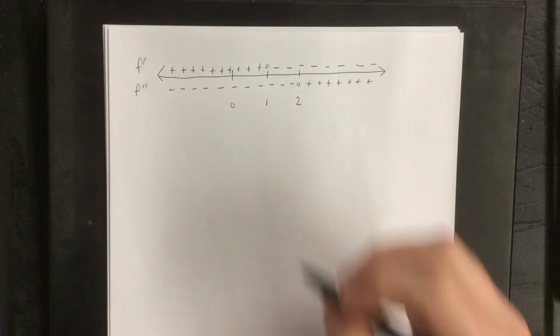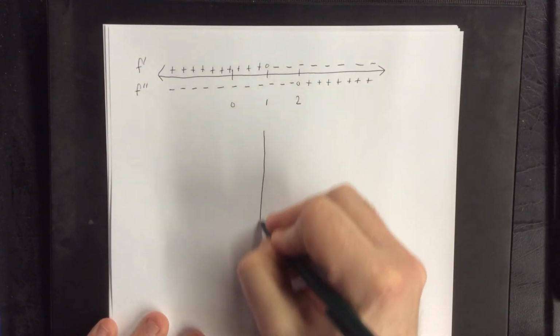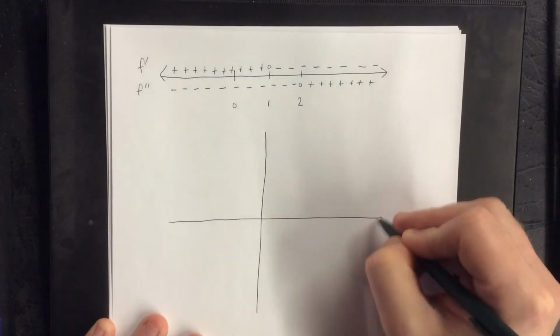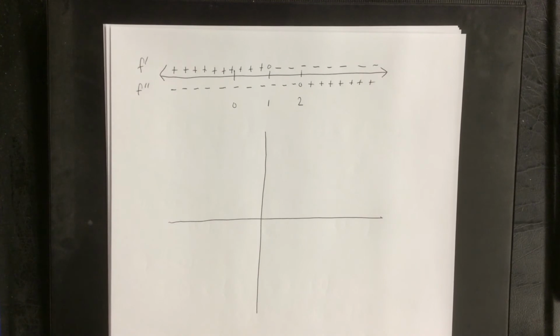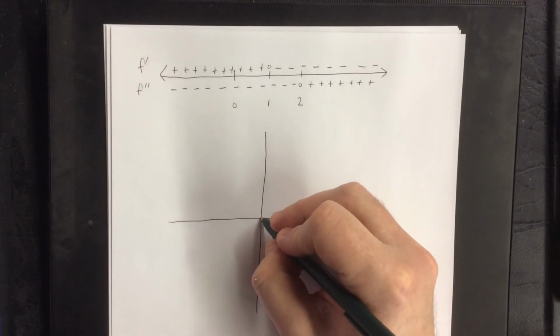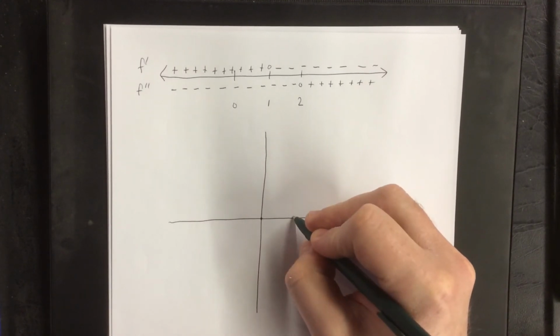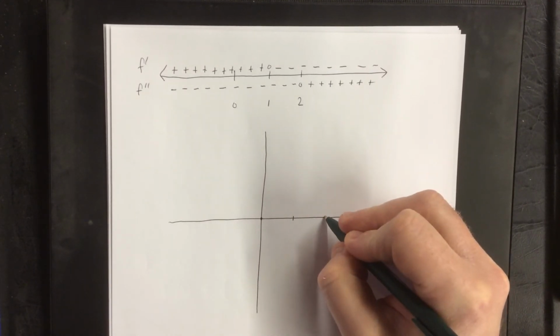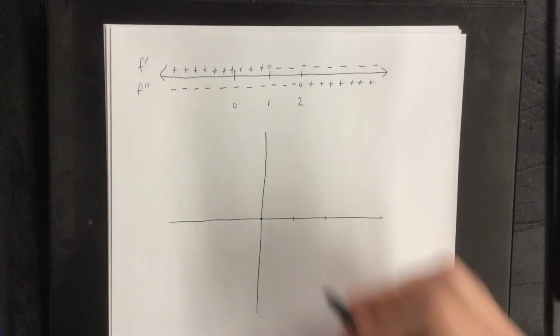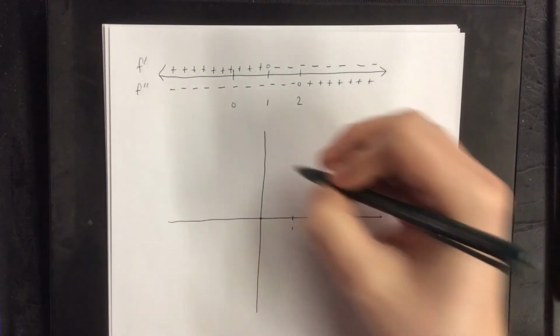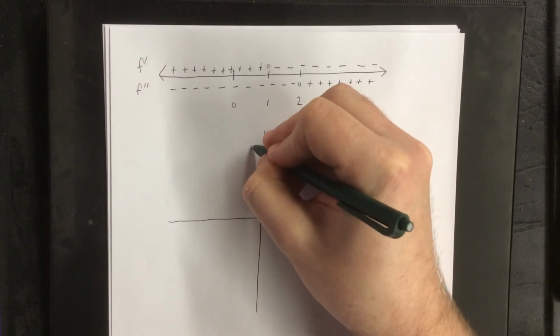We also had an x-intercept right at the origin, so I'm going to see if we can take all of these things and put them together. So first, we had our intercepts. Intercept was right at 0, 0. Then at x equals 1, something significant happened. At x equals 2, something significant happened. And we'll say that y equals 1 will be right up here.